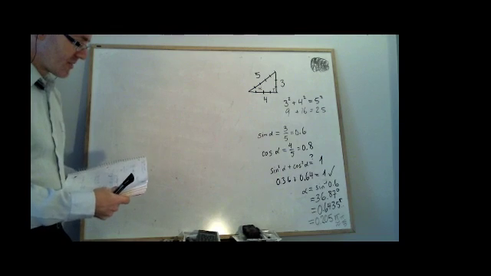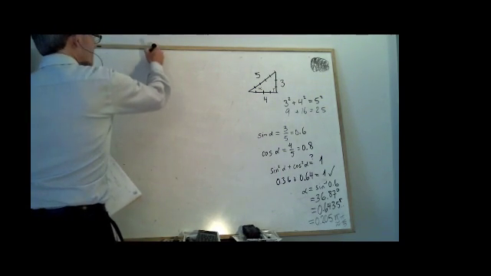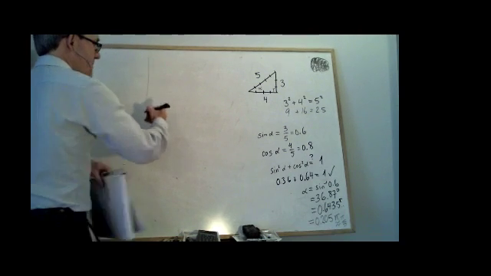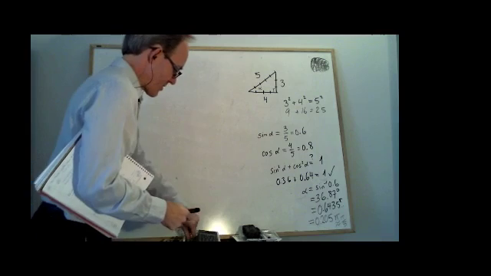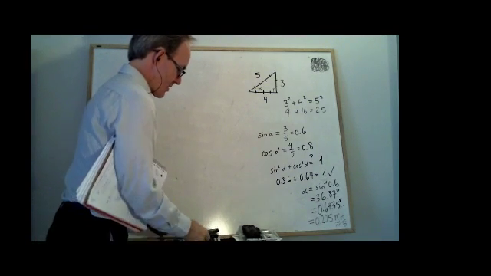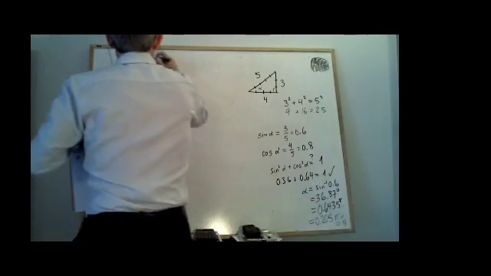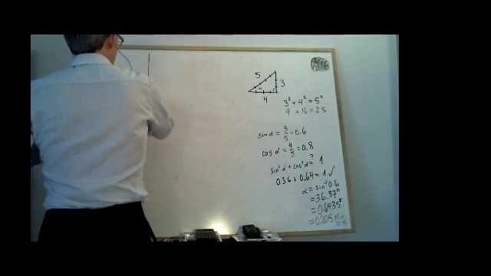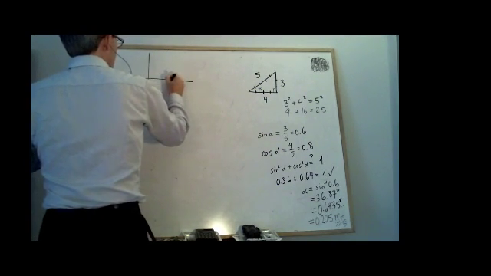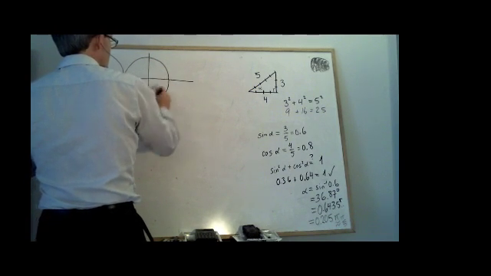And so let's go back to the unit circle approach. So we have the unit circle. I think this is running out. So we have the unit circle here. Now, we want to look at this function.